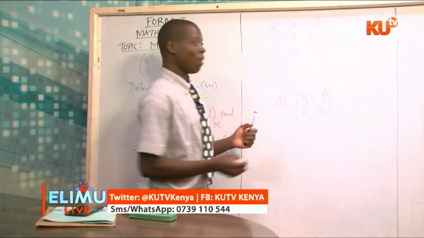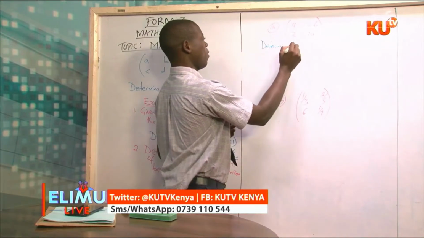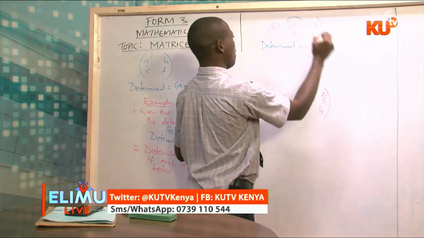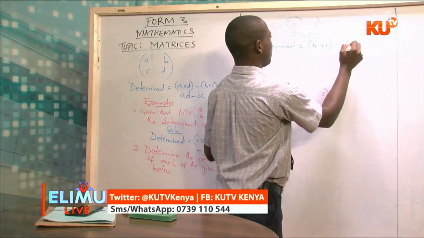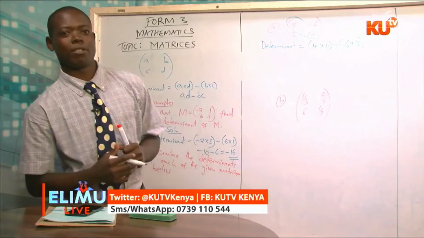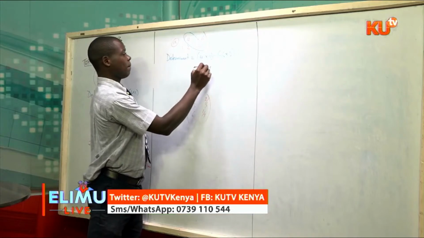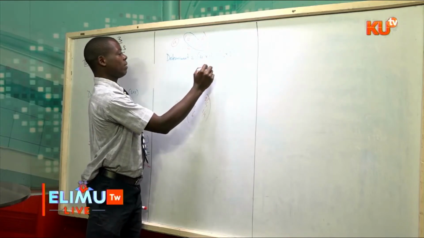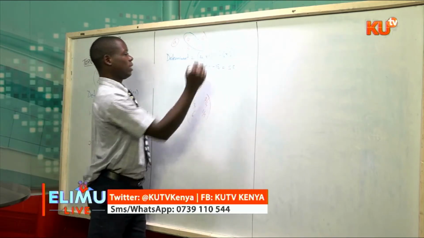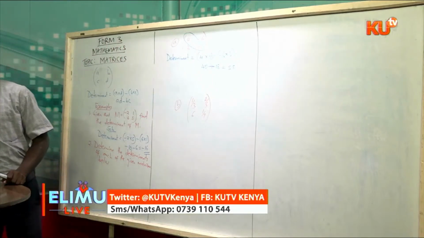Therefore, to work out the determinant, we will take 4 times 10, the leading diagonal, minus -6 times 3. 4 times 10 gives us 40, minus -6 times 3 gives us -18. And this gives us a total of 58, because minus is plus. So the determinant is 58.